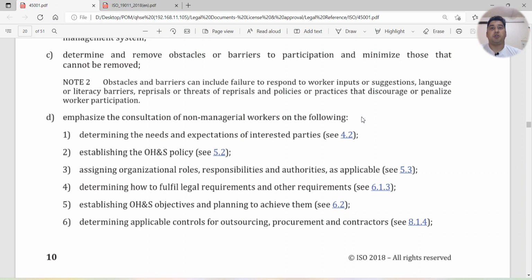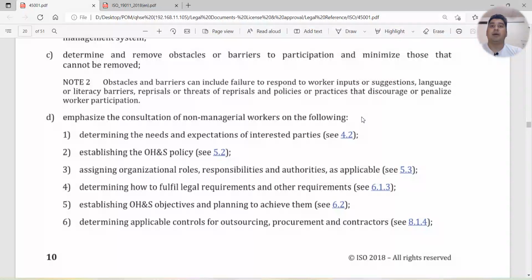After that, option D emphasizes the consultation of non-managerial workers on the following. When you are doing the consultation, you have to make sure that not only managerial level people and supervisor level people, but non-managerial workers, meaning cleaners and workers at the base level, are also included in the consultation process.